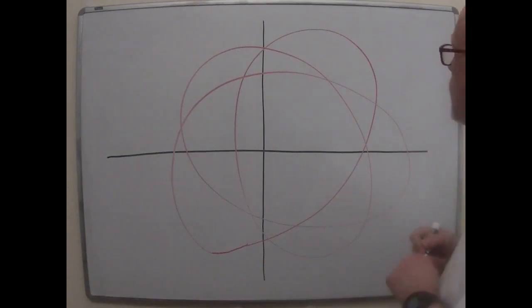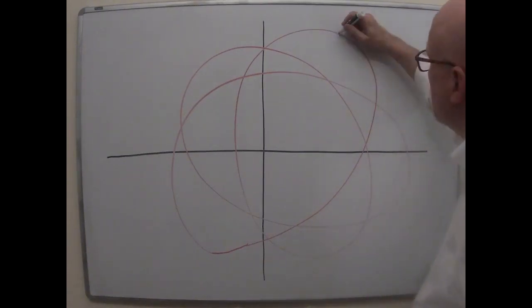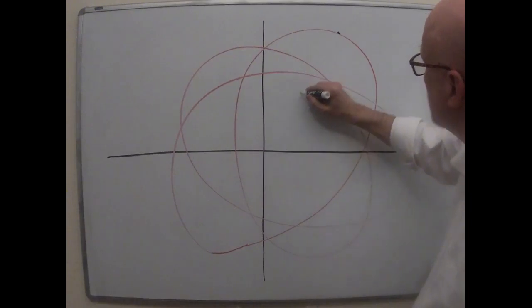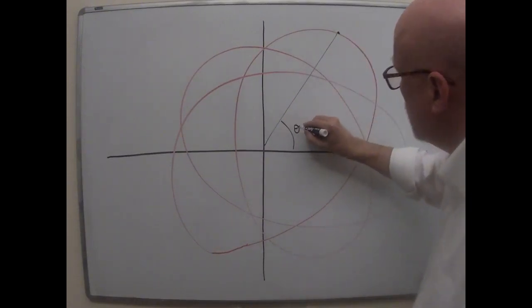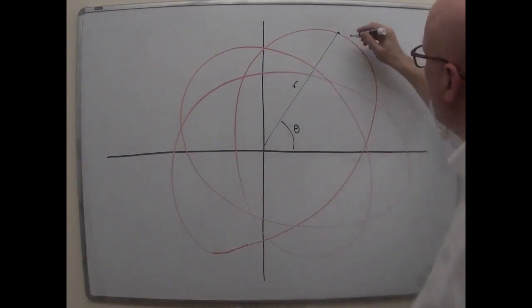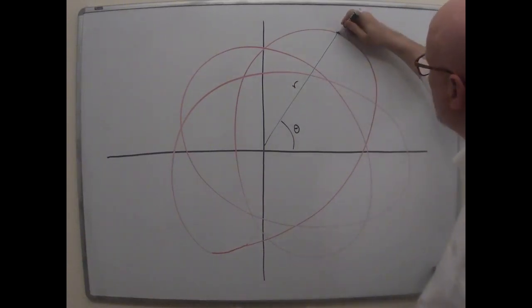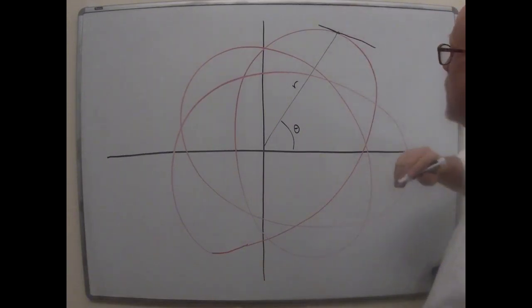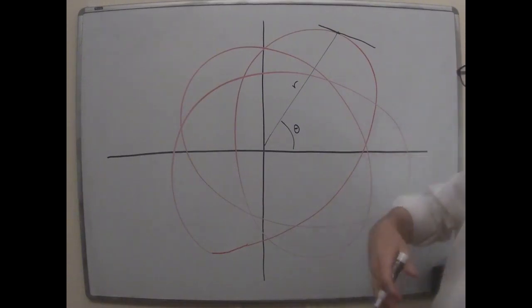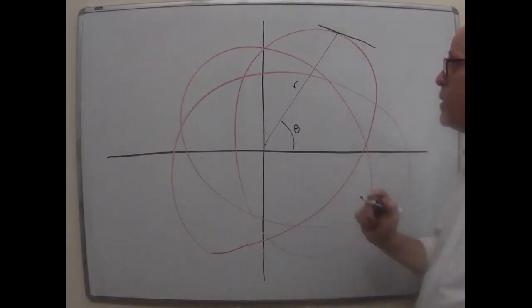I think one of the more obvious things is if I've got a point that corresponds to some r and theta, then I'd kind of like to know what's the tangent line to the graph at that point. Now, lines in polar coordinates are a little tough, so we usually just refer back to the Cartesian system.